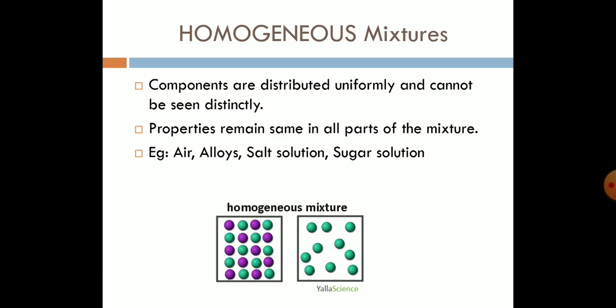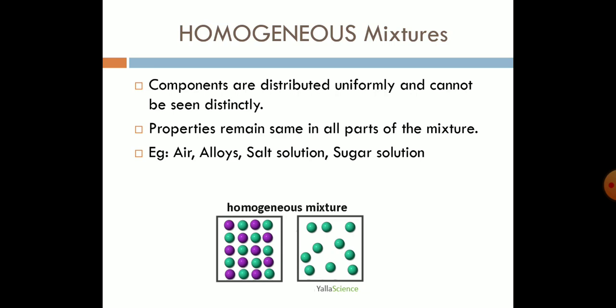You cannot say anything, even with the color. Only by the taste can you say yes, the salt is there inside the water. Otherwise you cannot say the salt is this one and water is this one. So the components are distributed uniformly and they cannot be seen distinctly. Then the properties remain the same in all parts of the mixture.